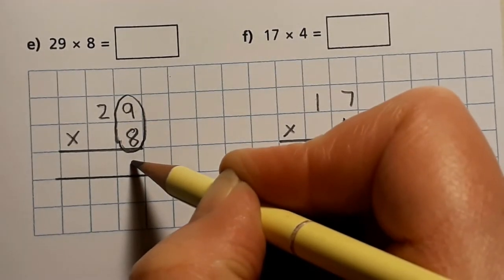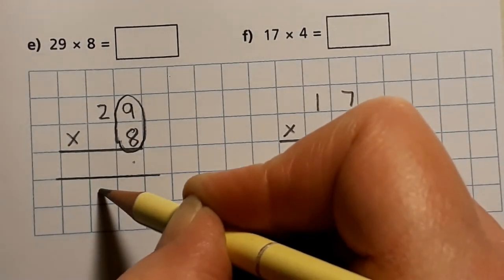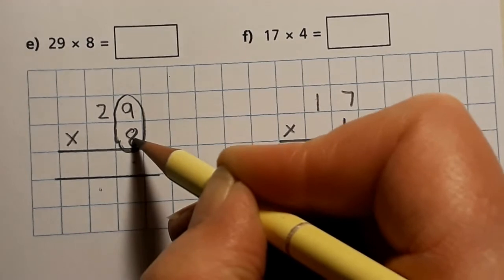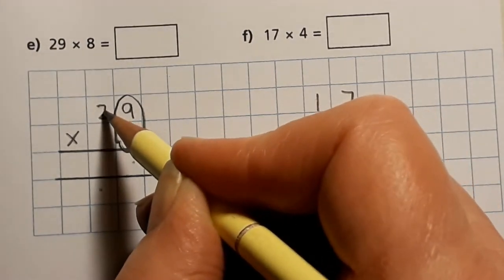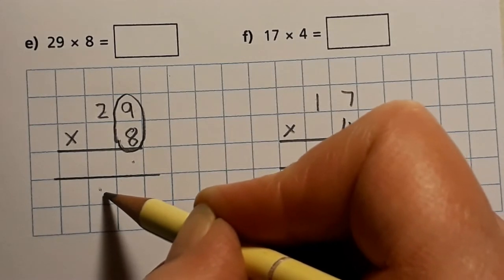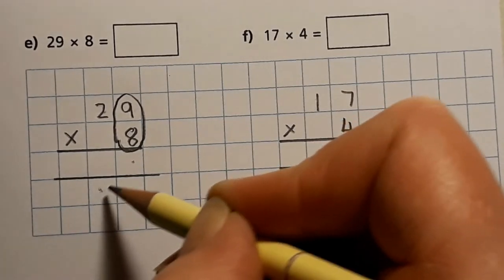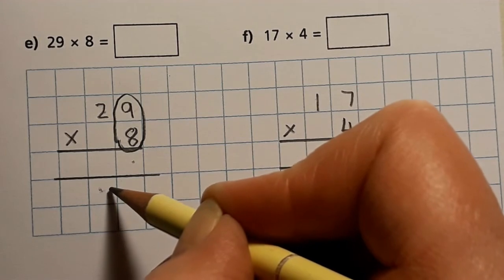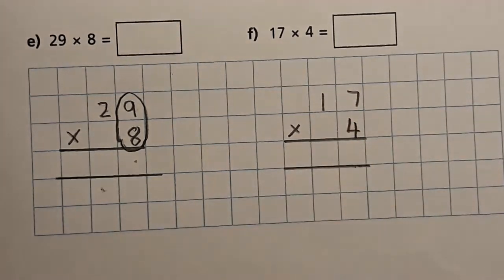Put down the 2, exchange the 7 tens. Then you would do 8 times 2 is 16, and add your 7 tens that you exchanged. Okay, right, be accurate, people.